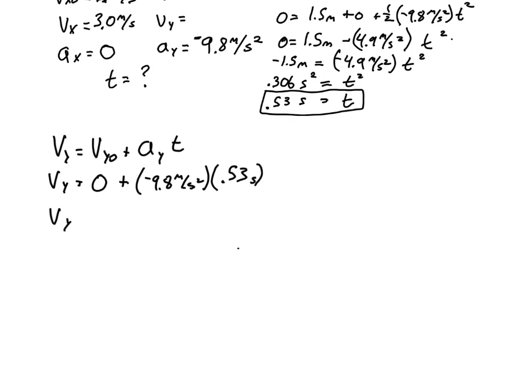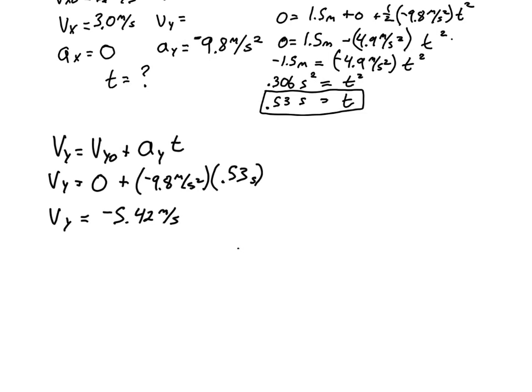And so our final y velocity then, negative 9.8 times 0.53, gives us negative 5.42 meters per second. So meters per second squared times seconds gets us meters per second, no more squared.